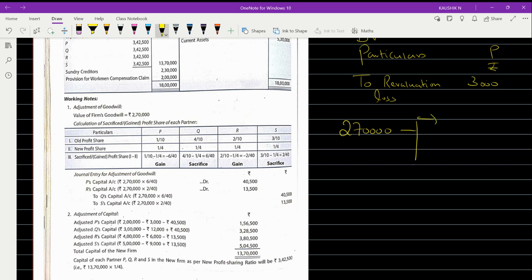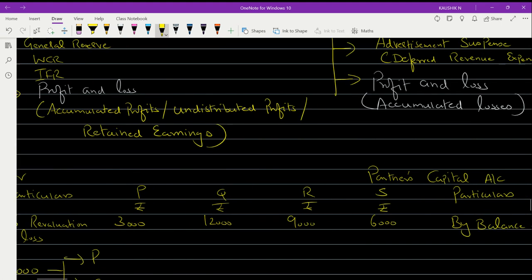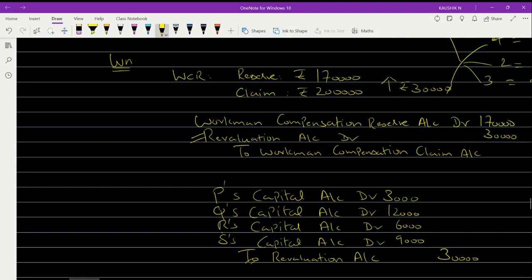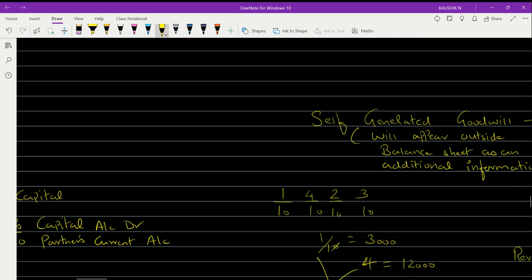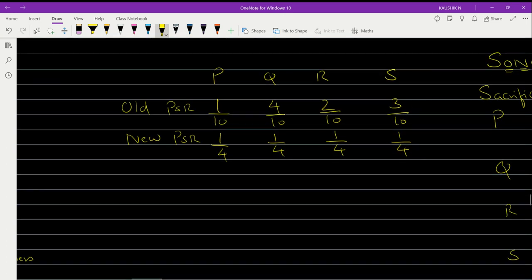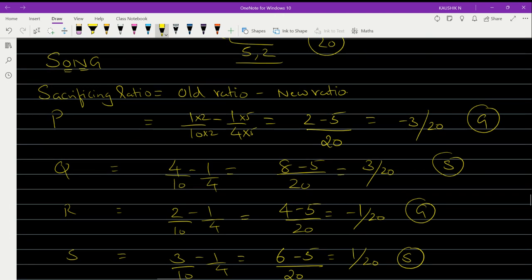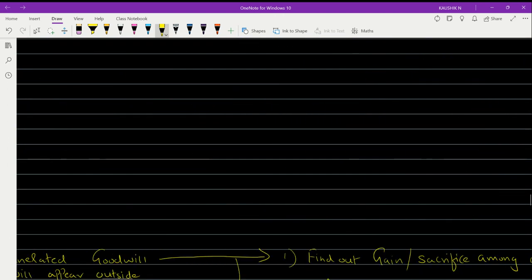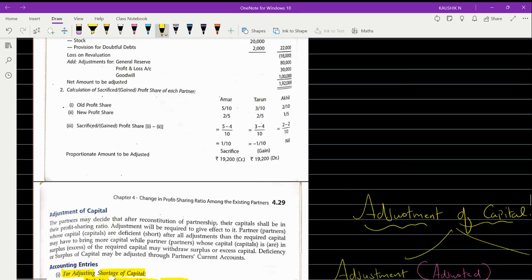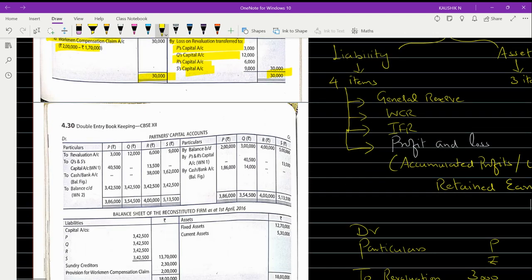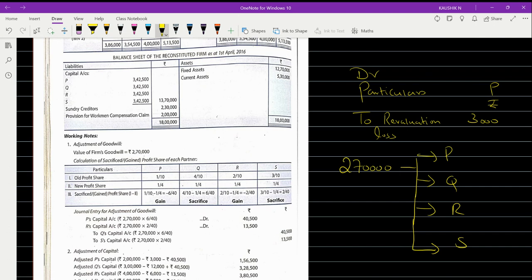You have partners P, Q, R, and S. And I'll just see what is the value that we have got, like gain or sacrifice. If you see, for P it is a gain, then sacrifice for Q, gain for R, and sacrifice for S. Here also, if you could see, gain, sacrifice, gain, sacrifice.